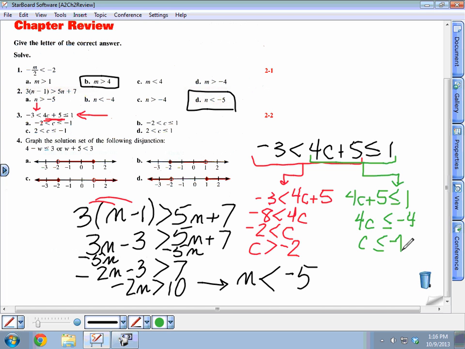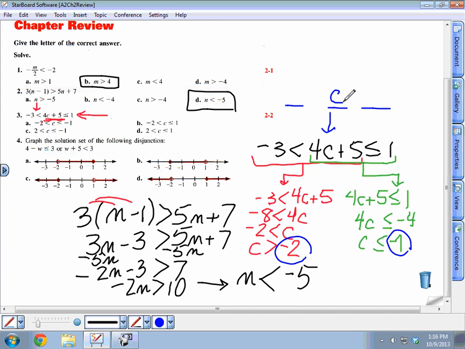I have negative 2, and I have negative 1. So if I want to write this back as a conjunction like this, I'm going to write the lesser one on the far left-hand side. So I have three things. I have my variable in the middle, c.